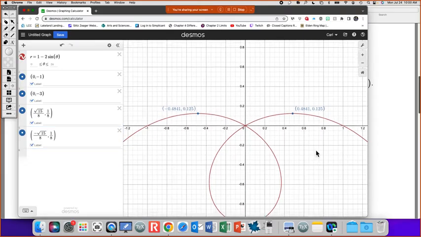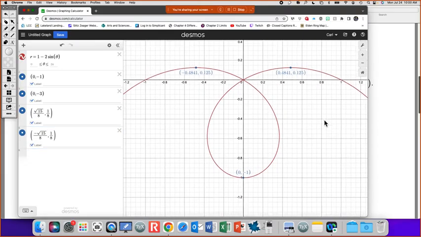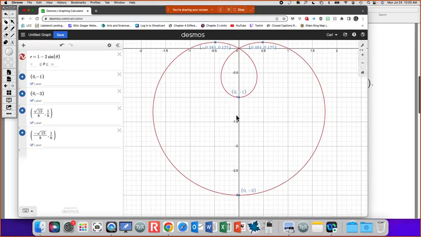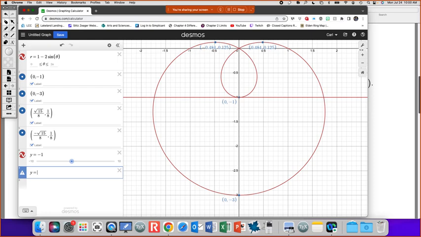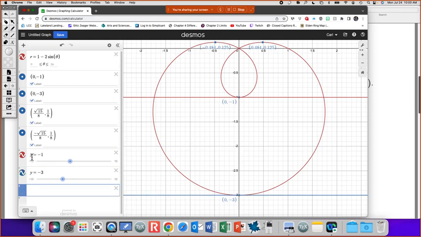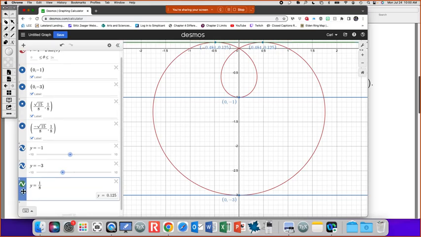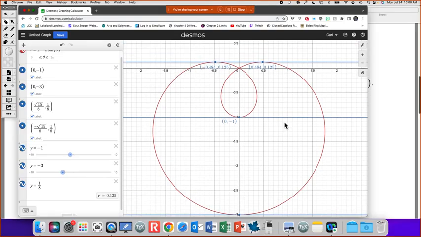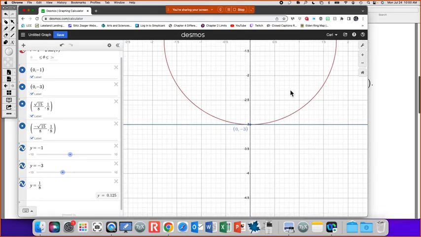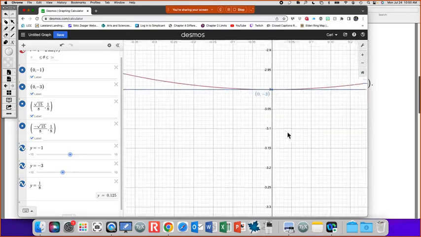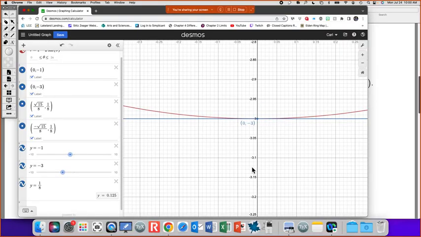I can zoom in there. And let's type in the y values for all of these things. And you can zoom in. Is it working or not, folks?